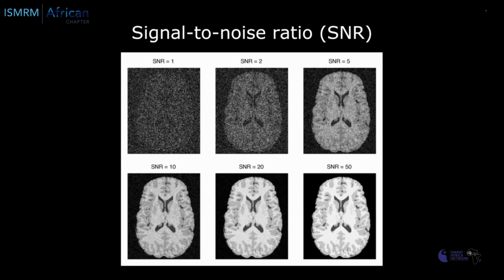As we increase the SNR, you can see the brain emerging from the noise, and once you get to an SNR of about 20 and above, you start to get what looks like clean brain images, right? But there are definitely scenarios in which we are acquiring data in poor SNR regimes, and if you are doing so, you need to be aware of the impact of that on the quality of your data, whether you're using it for research or clinical diagnostics or what have you.